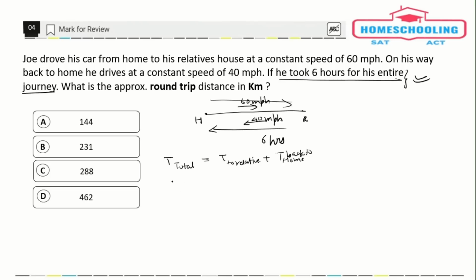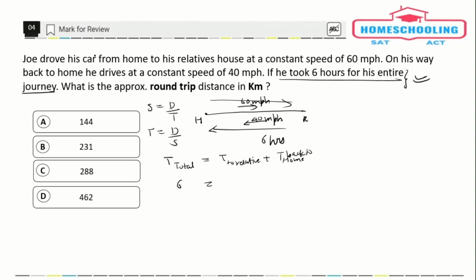In the question, it is already given that going there and coming back, the total time it takes is 6 hours.